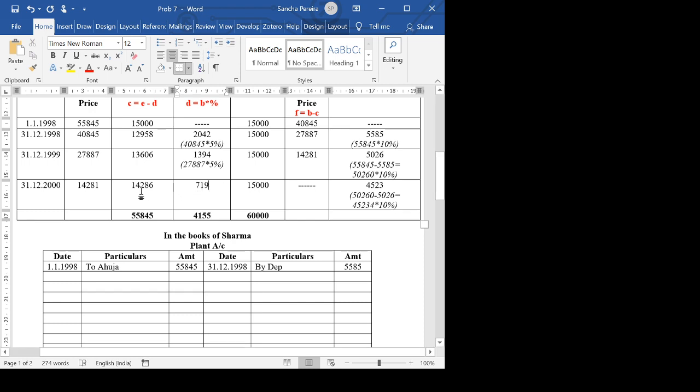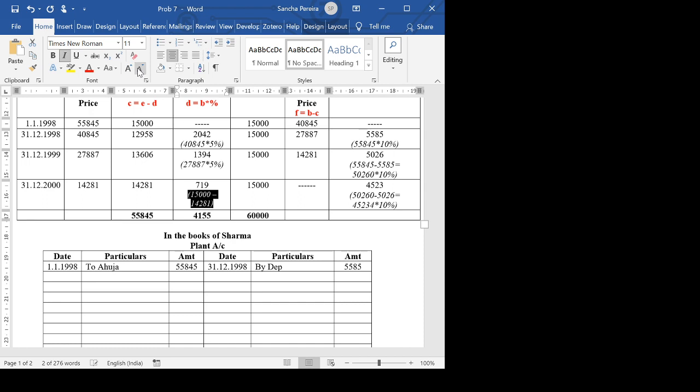How do I know it's 719? You write this first, 14,281. This becomes the balancing figure. It's going to be 15,000. I've done this right from the first problem onwards. This is how you're going to get this.